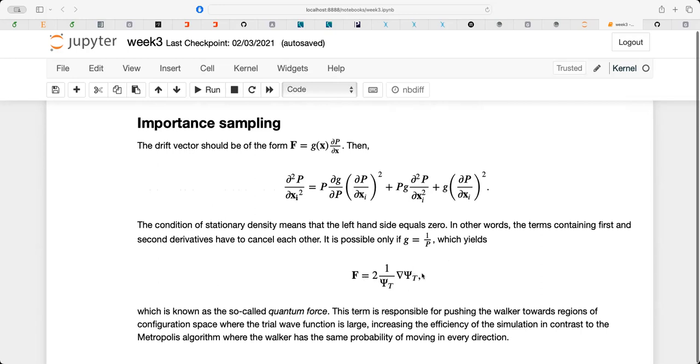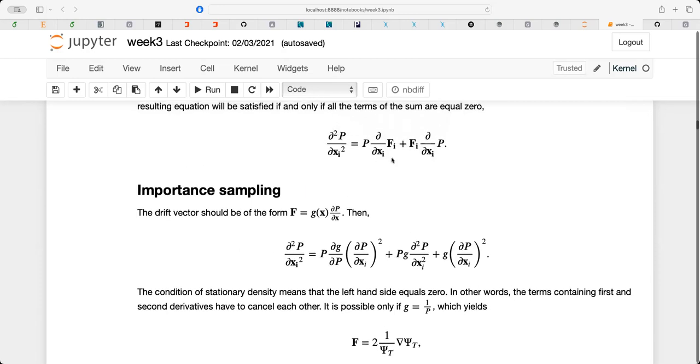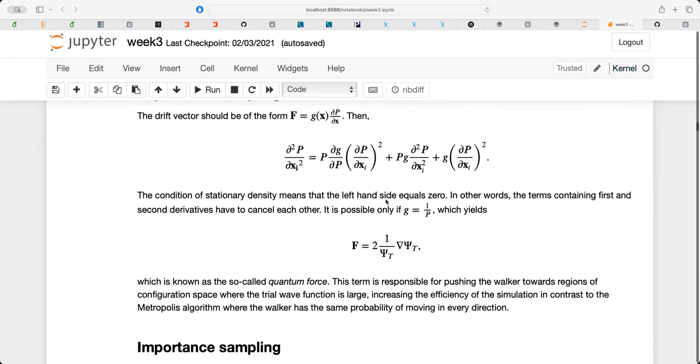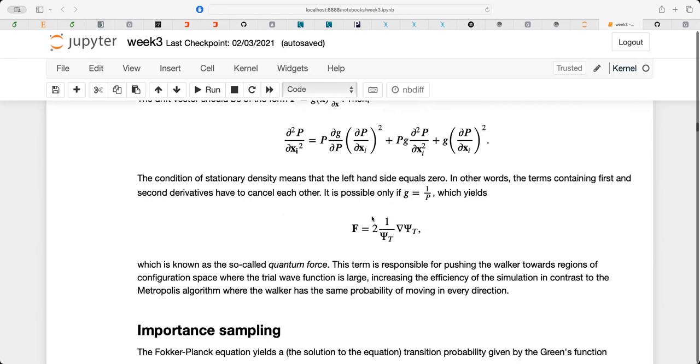So this F is now given, in order for these equations to be fulfilled, for this to be equal to 0. Then there is a requirement in our case where the probability is given by the wave function squared. So for us, P is the wave function squared. And using that, we end up with this requirement.